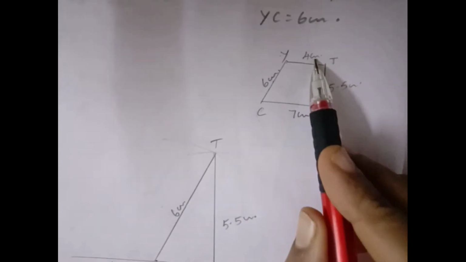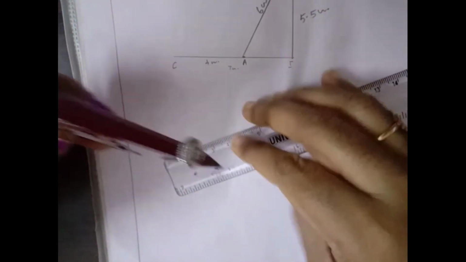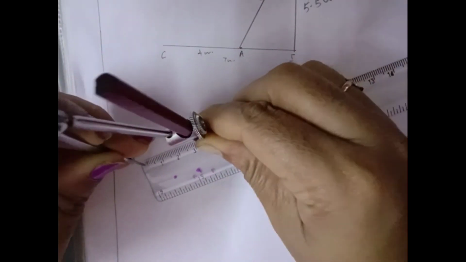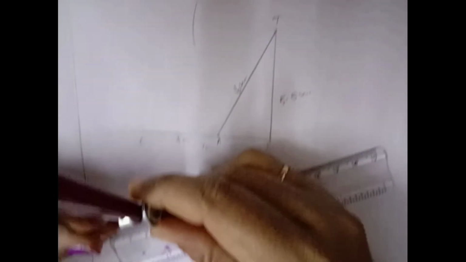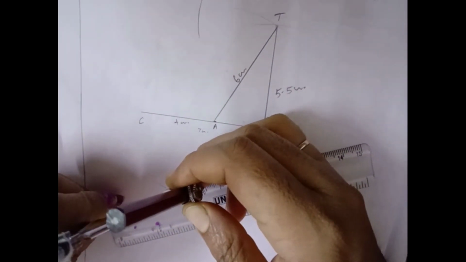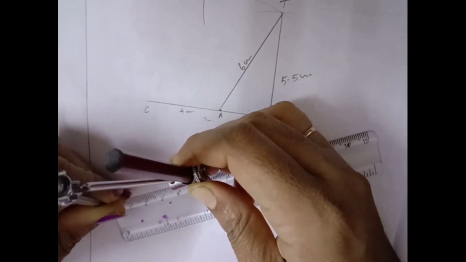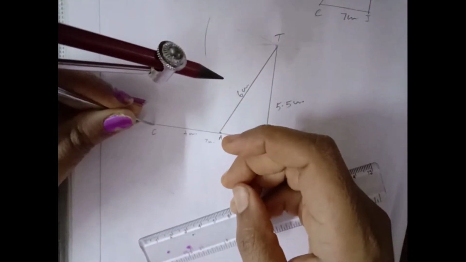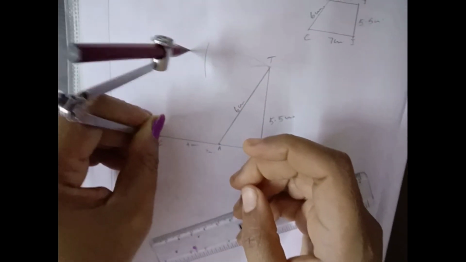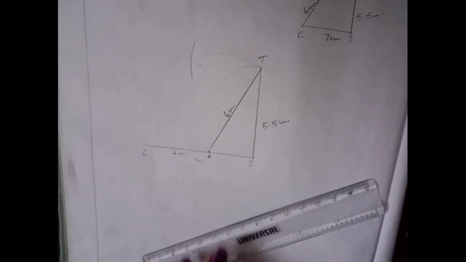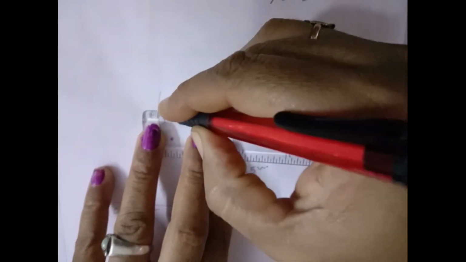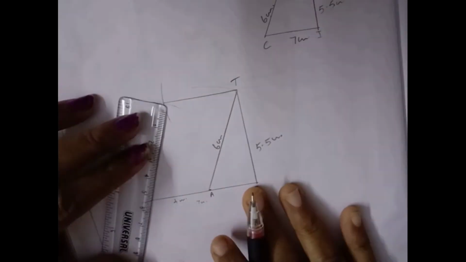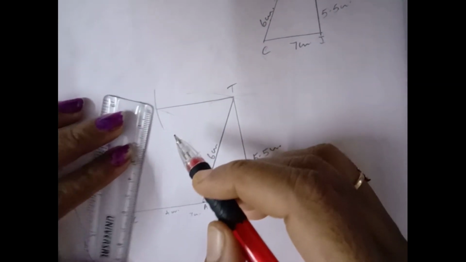Then T and Y equal to 4 centimeter. Cut CY equal to 6 centimeter. Then join CY and TY.